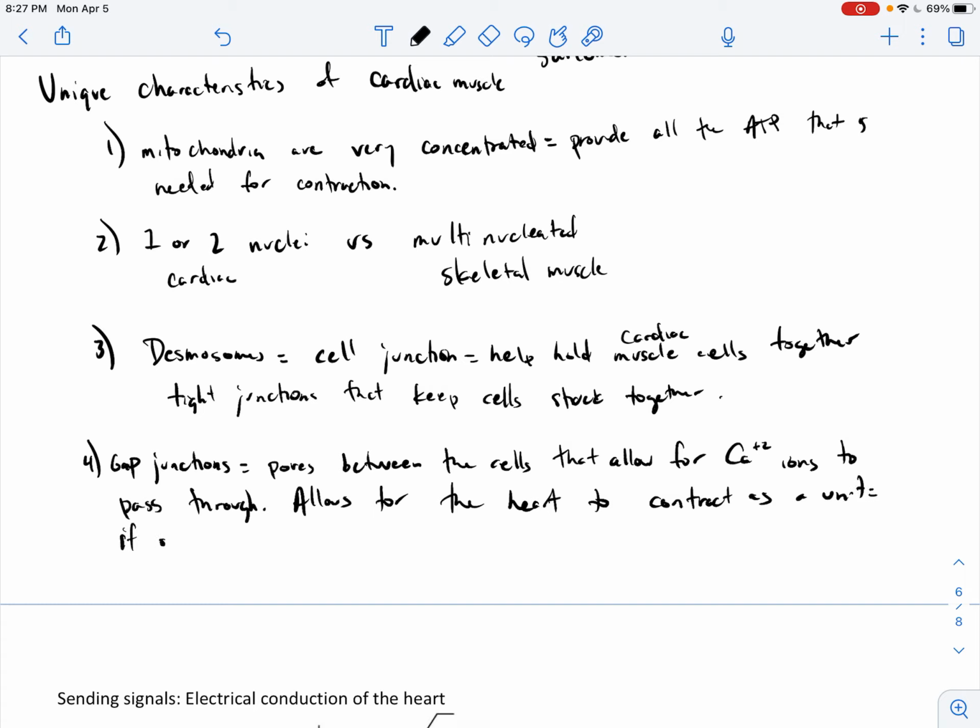Because if one cardiac muscle cell gets stimulated, then all the surrounding ones do as well, because those calcium ions can pass through those gap junctions and cause heart muscle contraction. And that is a very good thing.